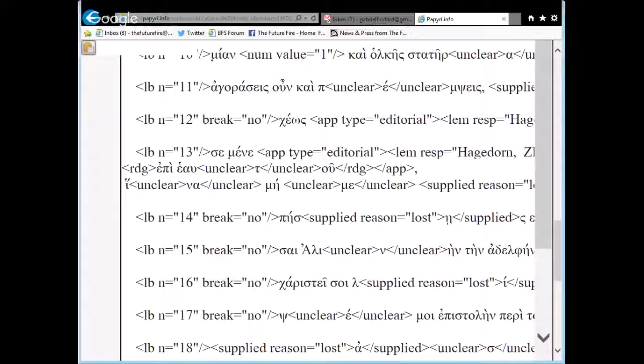So, okay, let me undo any changes that I had made in here and all these line breaks that I put in, and try and save that again.